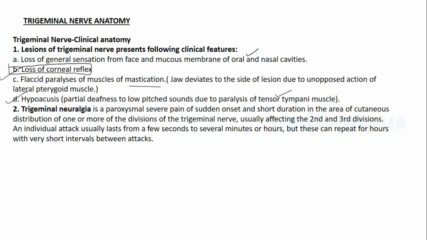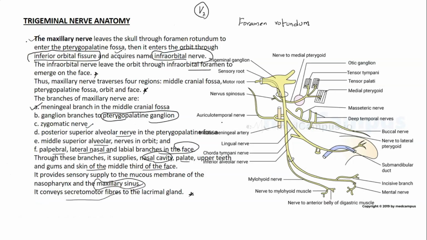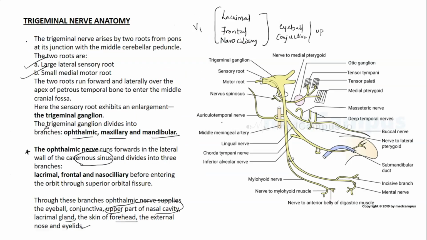So these are the 4 characteristic clinical features associated with lesions of the trigeminal nerve. So we were able to discuss in detail the subdivisions or branches, how to approach nuclei, functional columns or divisions, distribution, connections, and branches, and also the clinical anatomy of the very important trigeminal nerve.